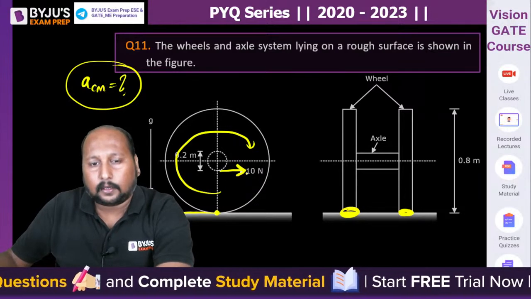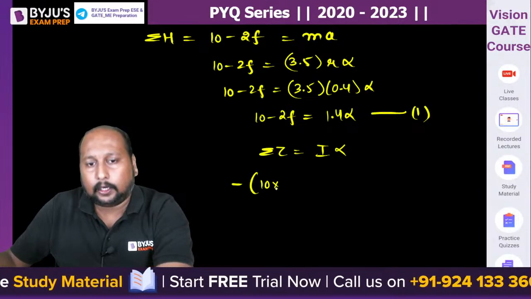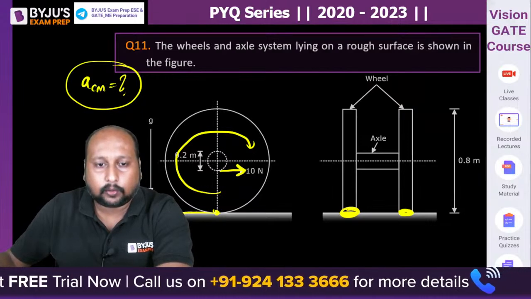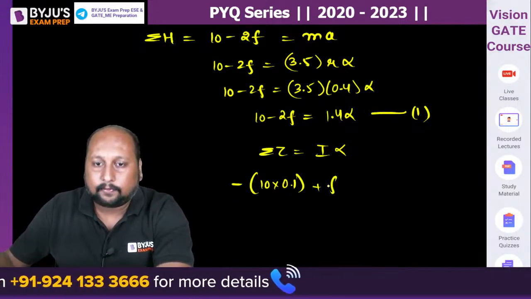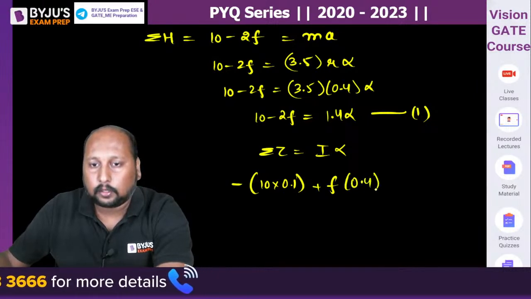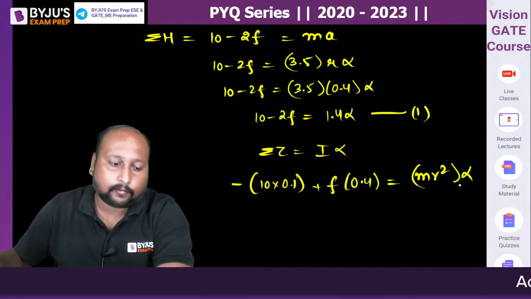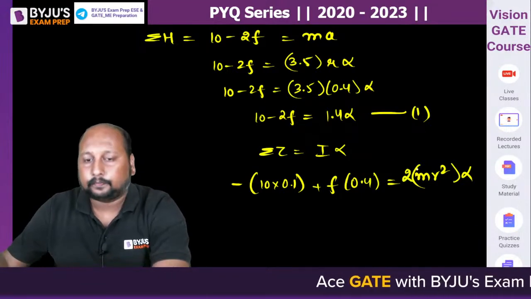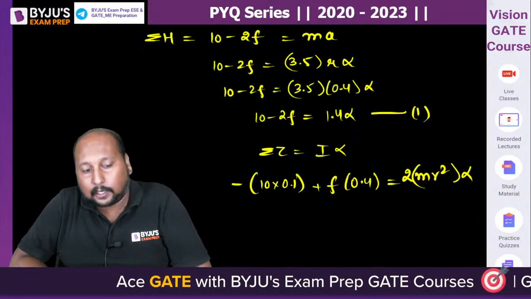So 10 into 0.1, and due to F we'll be having F into R, plus F into 0.4, is equal to the moment of inertia, that is mr square into alpha, mr square, and that too we are having 2.